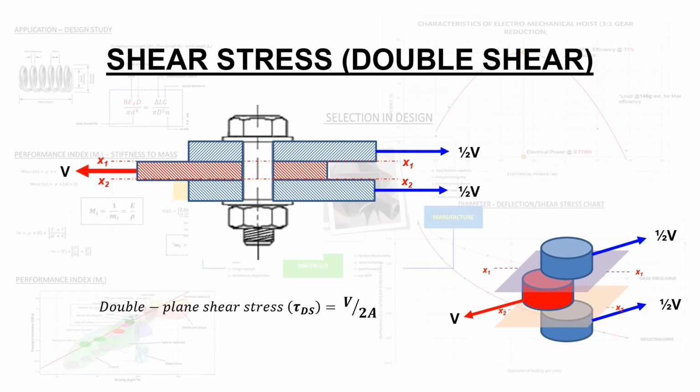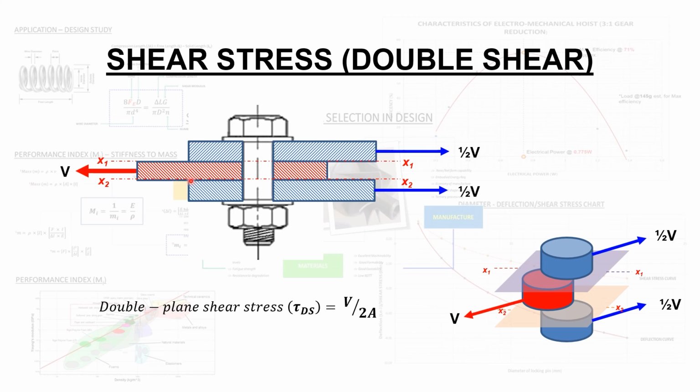So let's look at what double shearing constitutes. Unlike the previous example, whereby the interface of the plates creates a single axis of shearing, if we have a situation whereby we've got three plates clamped together by a bolt, the two interfaces created by the intermediate plate and the adjacent plates create 2 points of shearing across the cross section of the bolt.